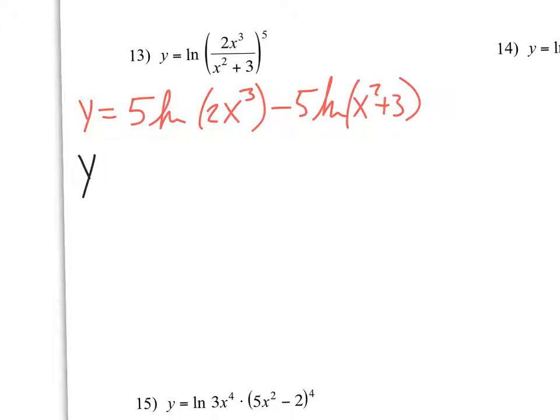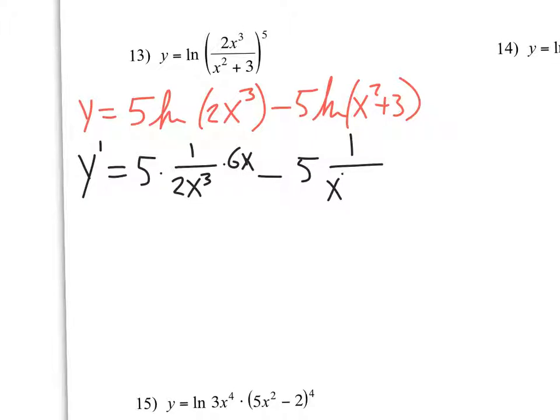And if we're looking for y prime, we're going to have 5 times 1 over stuff, so 2x to the third. The derivative of that stuff is going to be 6x, minus 5 times 1 over that stuff, which would be x squared plus 3. The derivative would be 2x for that.